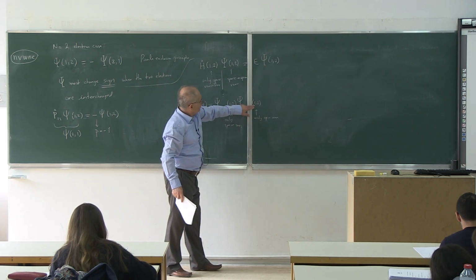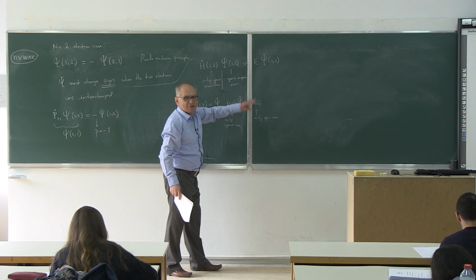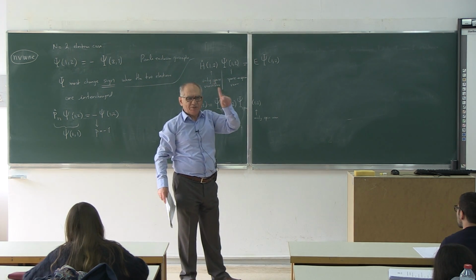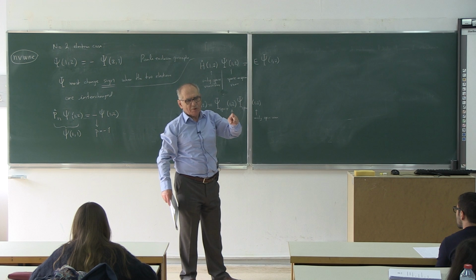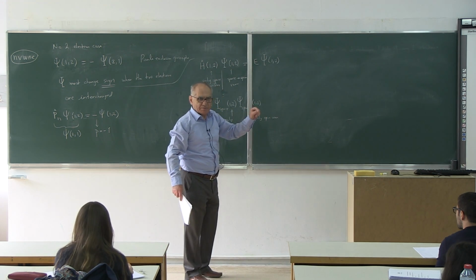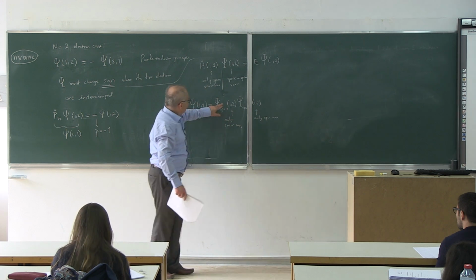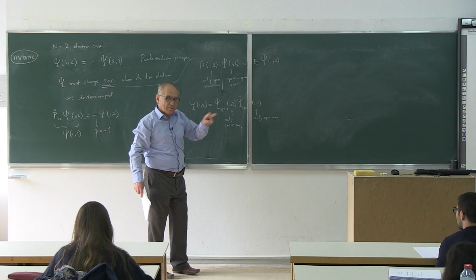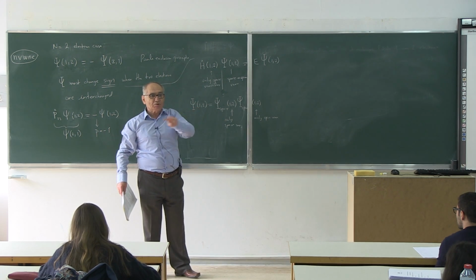So this function is a function of how many variables? Just two. Because each electron has only one spin variable. There are two electrons, so this is a function of two variables, but these two variables are spin variables. On the other hand, this factor is a function of the space variables of the two electrons.